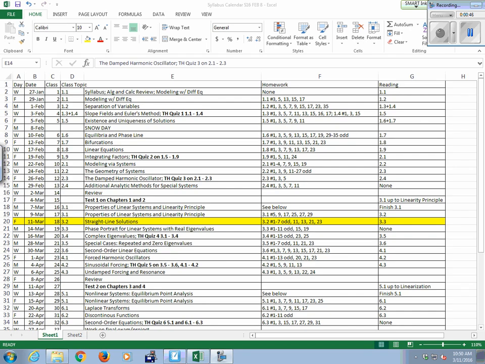Okay, quick look at our schedule. We're talking about 3.2 today. Next week is a short week because spring break starts on Friday. Yeah, we have Friday off and then the whole next week off. Nice, right?